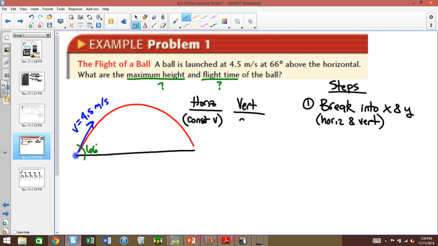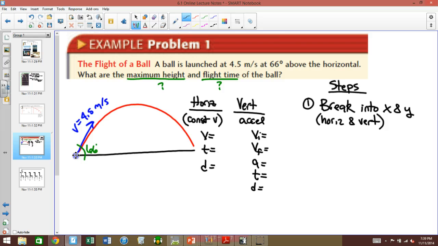And here I know that it accelerates. So when things accelerate, they can have an initial velocity, a final velocity, acceleration, time, and distance. When they're moving at a constant speed, the initial and the final velocity are the same, so we just call it v. The acceleration is 0. There is still time and distance.